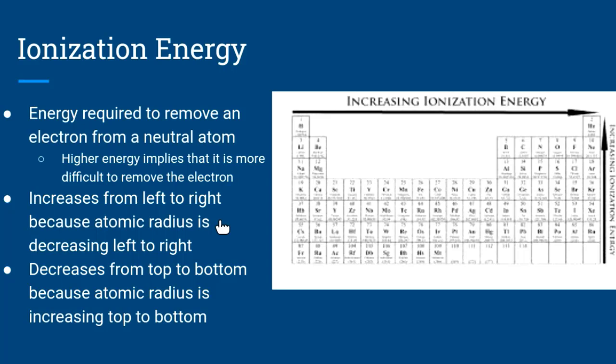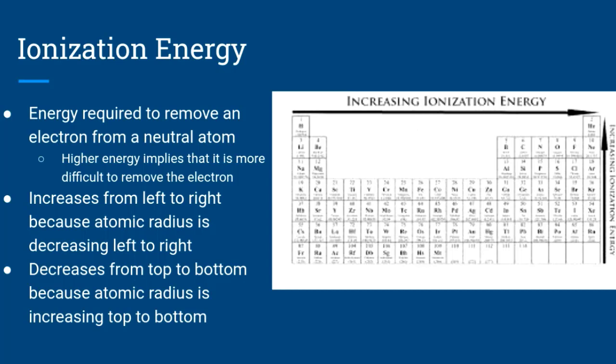As you go from left to right on the periodic table, your atomic radius decreases, right? So the electrons are closer towards the nucleus. The nucleus has a stronger hold on the electrons, so it's more difficult to remove the electrons from the atom. That's why your ionization energy increases as you go left to right.